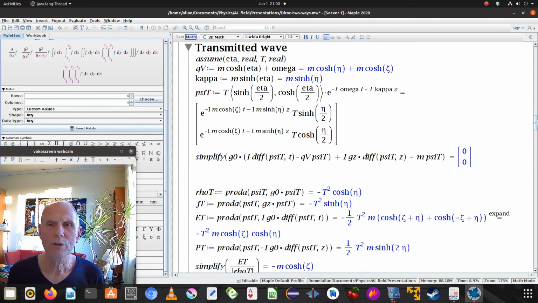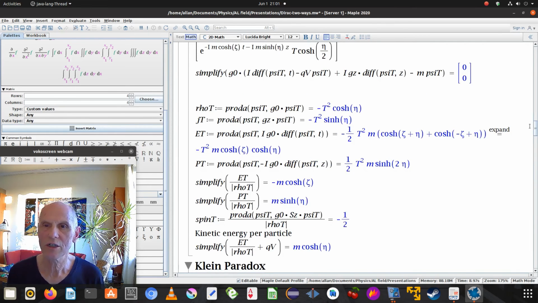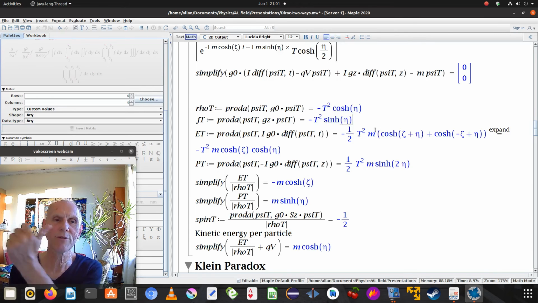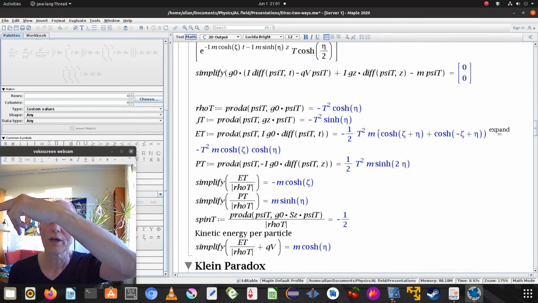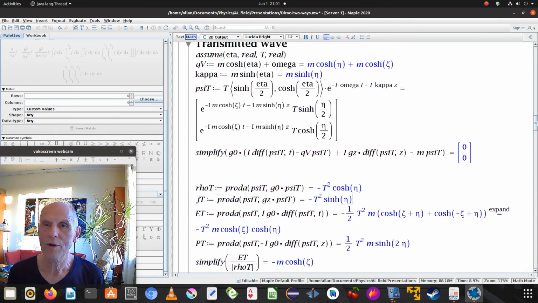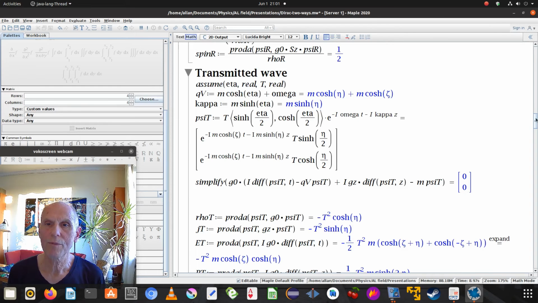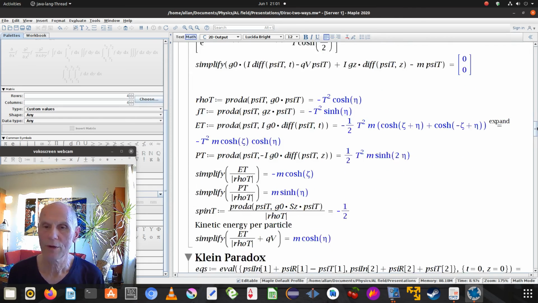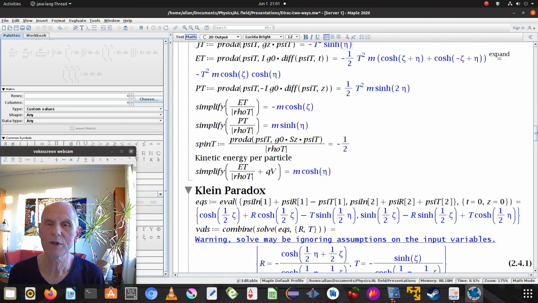And there's a coefficient Ts. And as you see, the charge density is negative. And if eta is positive, the current is to the left. That's the left for you. And that means the particle is moving to the right. So minus kappa z of course, if kappa is positive.